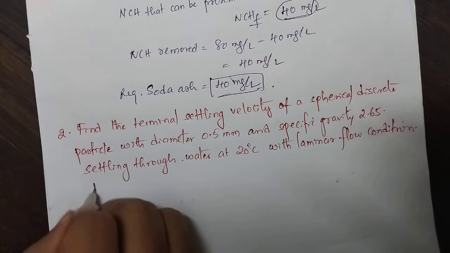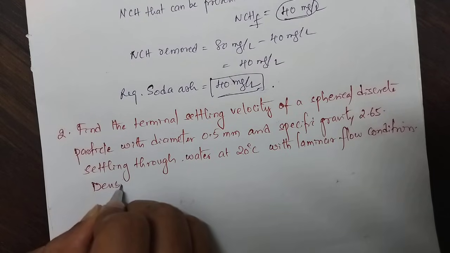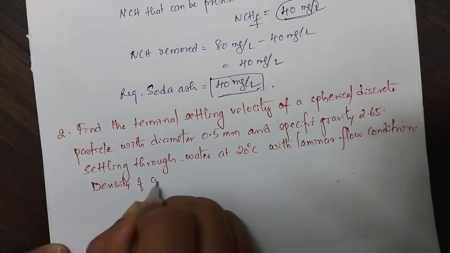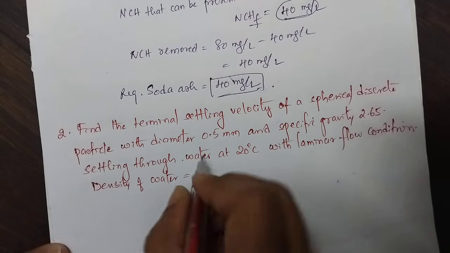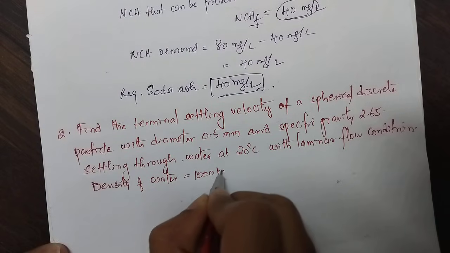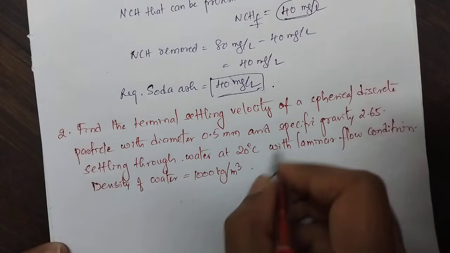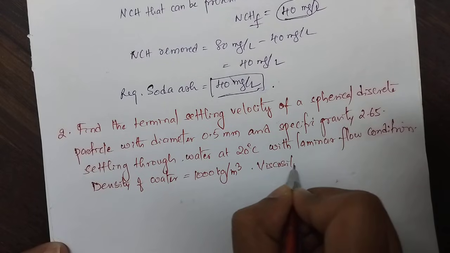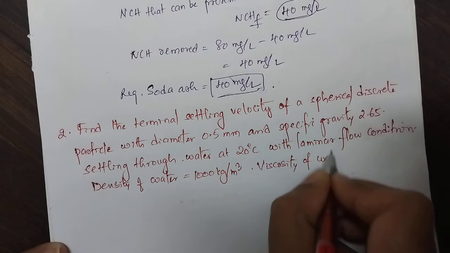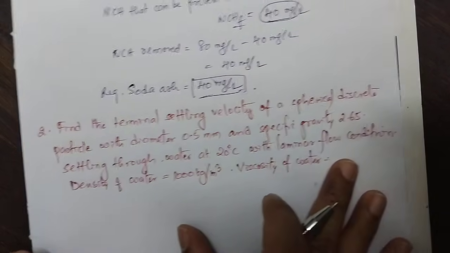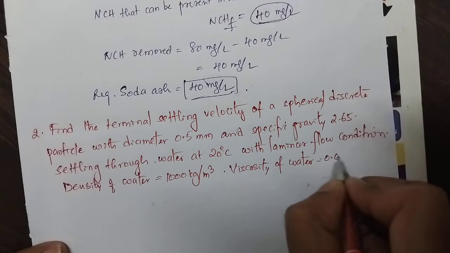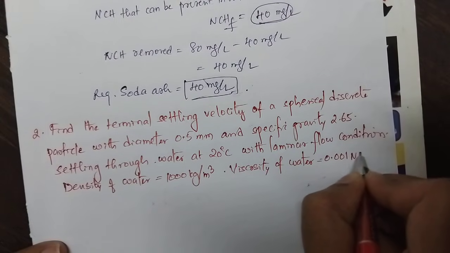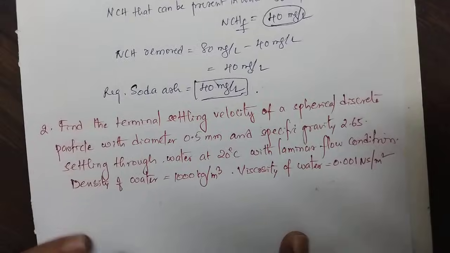Given that the density of water is 1000 kg per meter cube, and the viscosity of water is 0.001 Newton second per meter square.